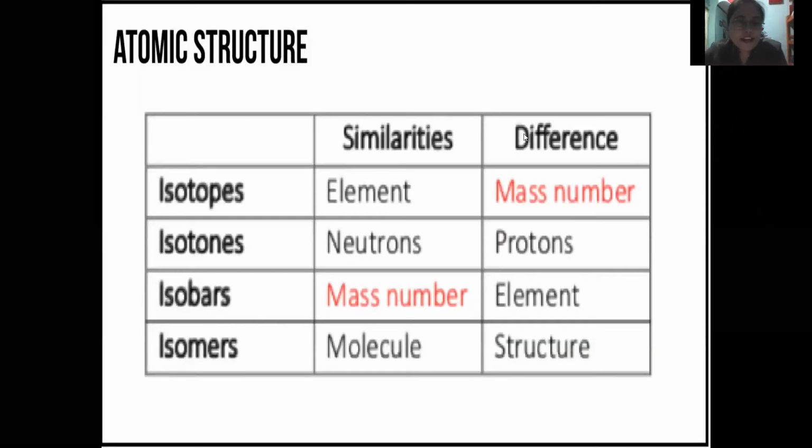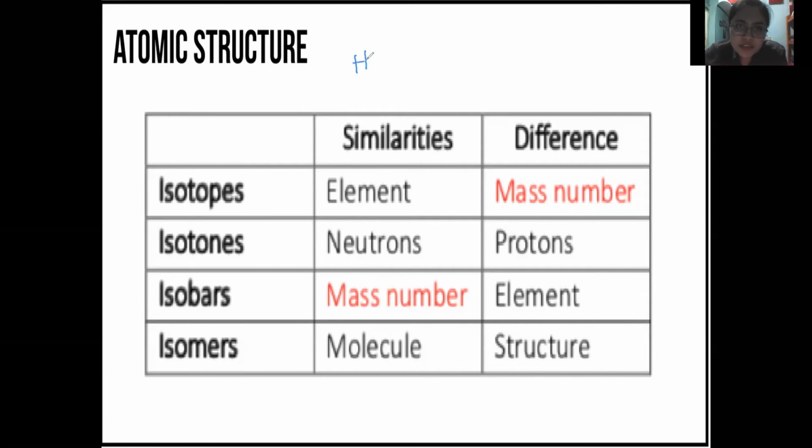Okay. So, meron tayong mga words na kailangan nating i-define. So, sa atomic structures natin, if you encounter the word isotopes, class, it means magkapareho sila na element. Kaya lang, hindi sila magkapareho ng mass number. So, example niyan ng ating isotopes is hydrogen.